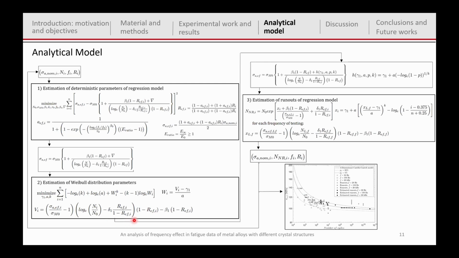Basically, we have a first part where we apply the Castillo-Canteli model, and this is basically two nonlinear optimization problems. The first part we obtain the regression model, and then we can obtain the probabilistic parameters. And after that part, we also consider the information from the runouts. This is an iterative process, and at the end we can obtain a mean curve and the probabilistic curves that consider the data also from the runouts.